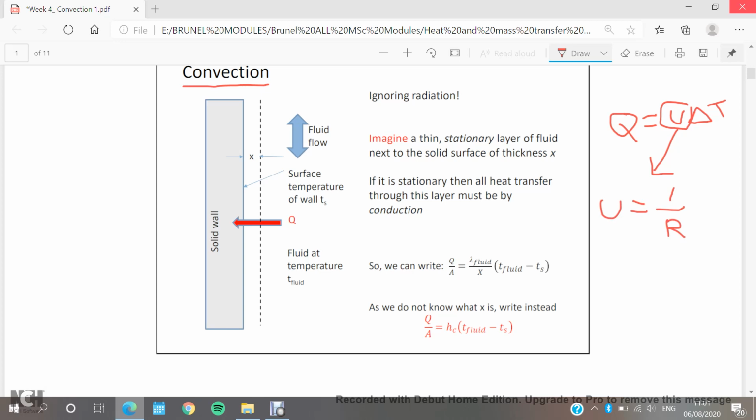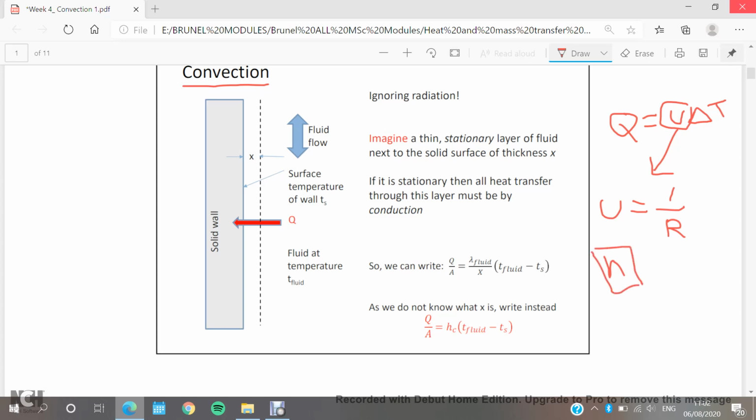Perfect. We will have the same scenario to derive the convection heat transfer model, or the convection heat transfer equation, but we will change this U value to something else called h, and we call it the heat transfer coefficient.